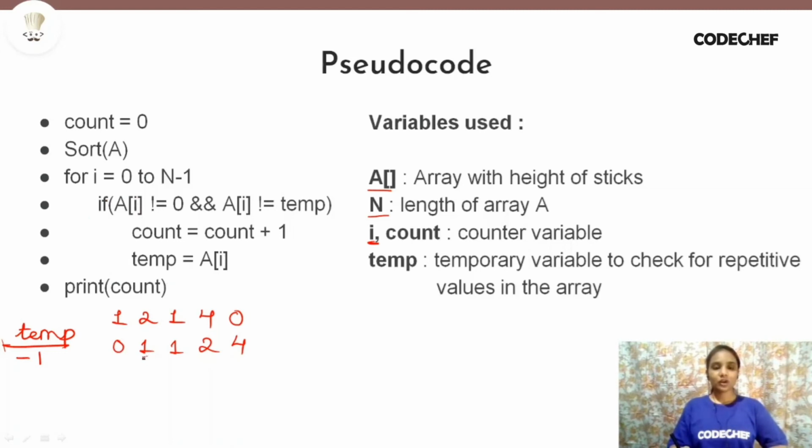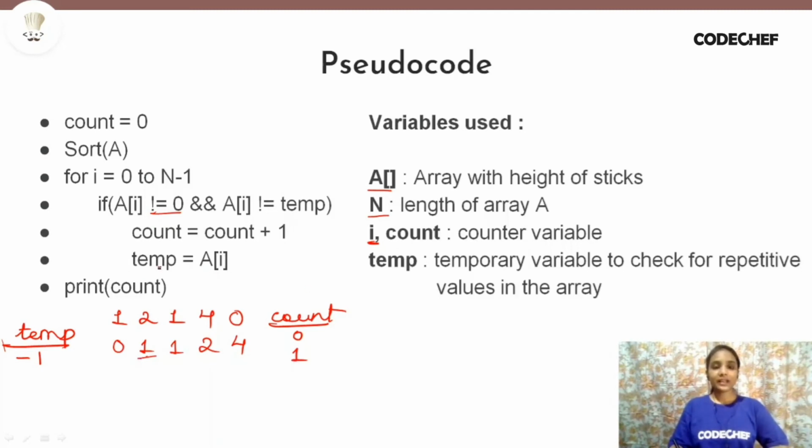Then we will move on to our second element, that is 1. Again, A of i is not equal to 0, so this condition is true. A of i is not equal to temp, so 1 is not equal to minus 1, so we will increase our count. The count will increase from 0 to 1 because we have encountered a unique element here, that is 1.